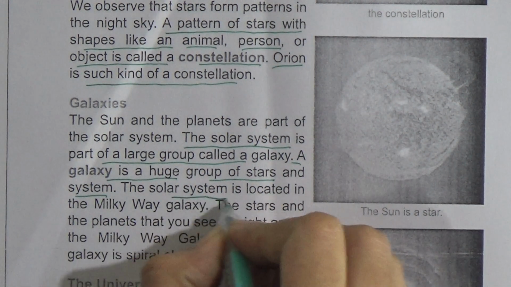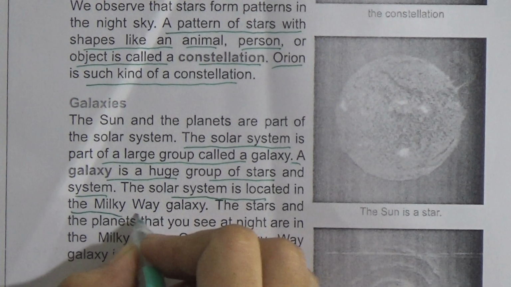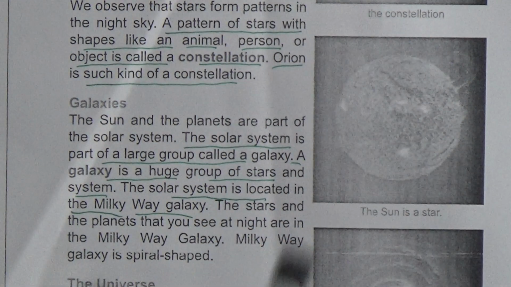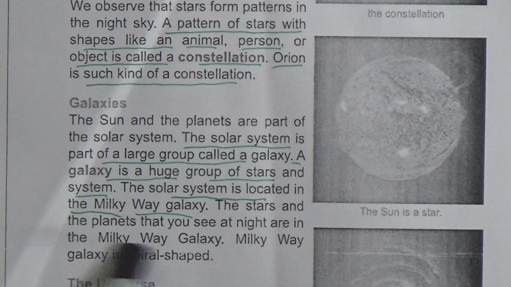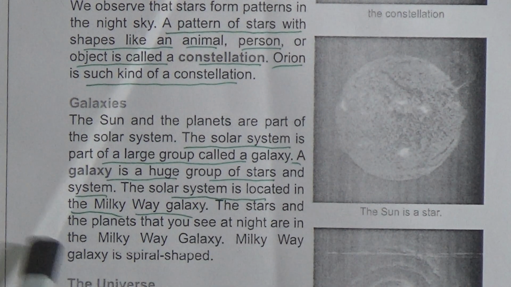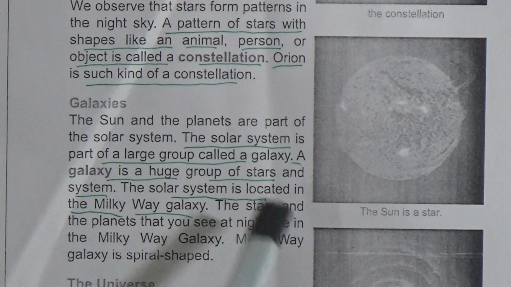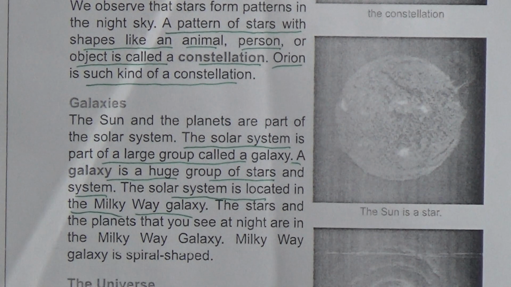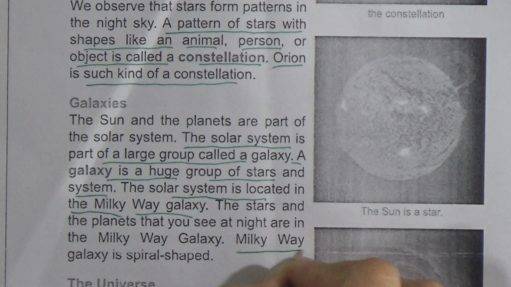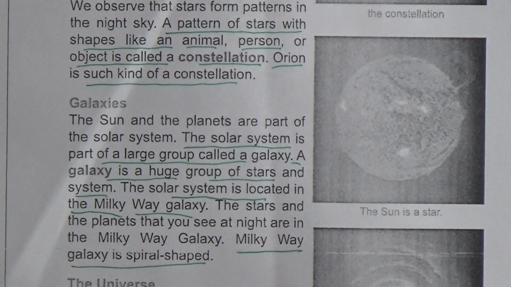The solar system is located in the Milky Way galaxy. The stars and the planets that you see at night are in the Milky Way galaxy. The Milky Way galaxy is spiral in shape. Look at this picture. This is the Milky Way galaxy. This one is spiral in shape.